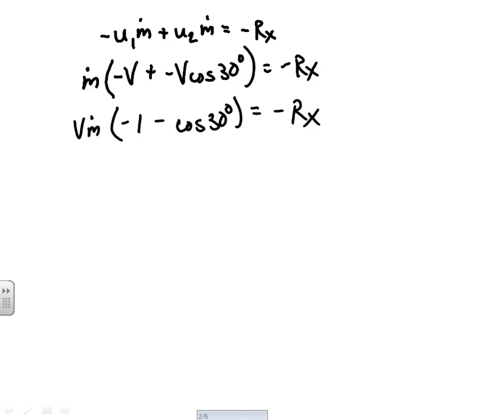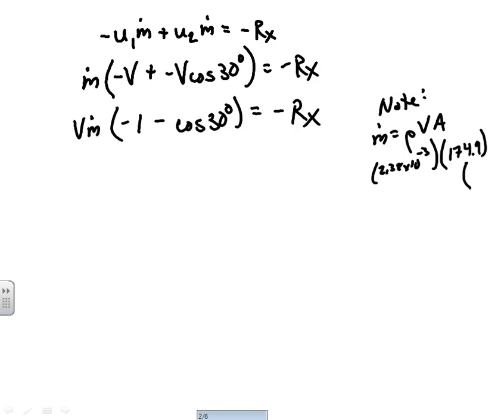Plug in my values. Oh, we still need to solve for m dot. I'll do that quickly. So note, m dot is equal to rho times V times A. So the rho of air, 2.38 times 10 to the minus third, times the velocity we solved for above, that was 174.9, and then times the area.